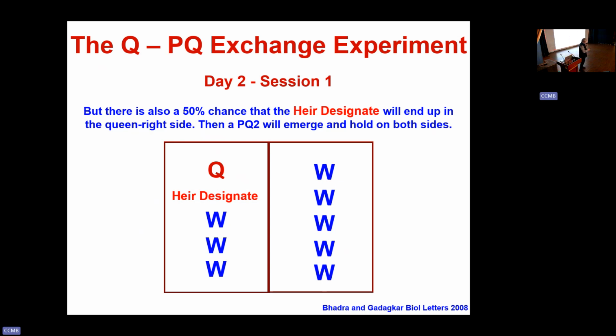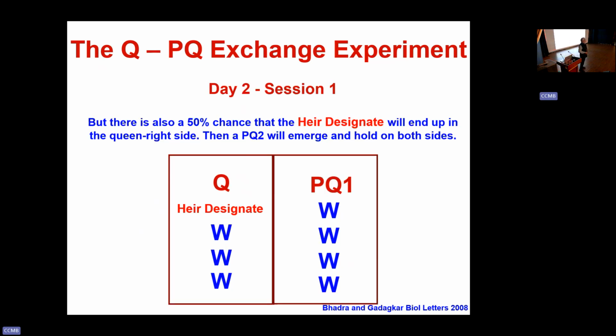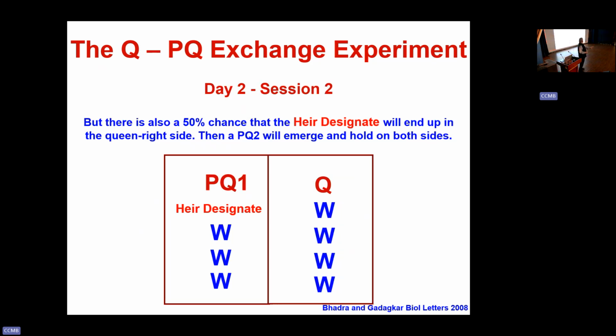Let us call her potential queen number one in this experiment. But exactly the opposite of the previous argument, this individual is the best only for this half. She is not for the whole colony. The true hair designate is here. So what do we do? We bring this false potential queen face to face with the true hair designate. And we expect that all hell will break loose.